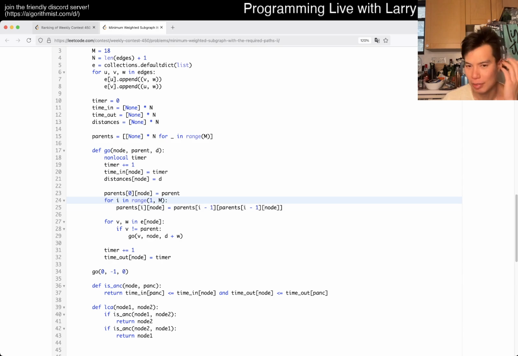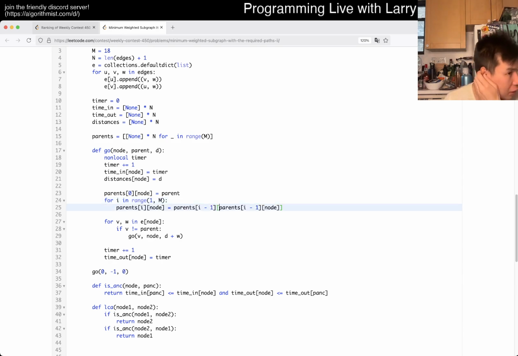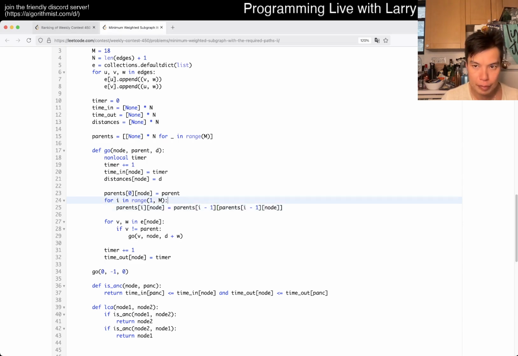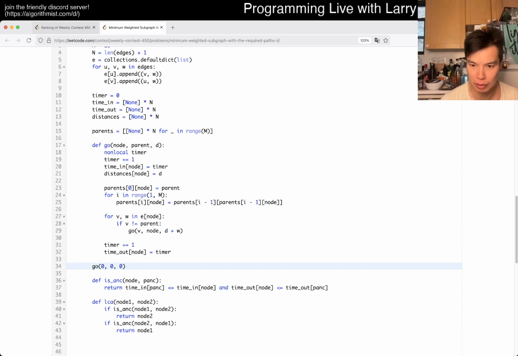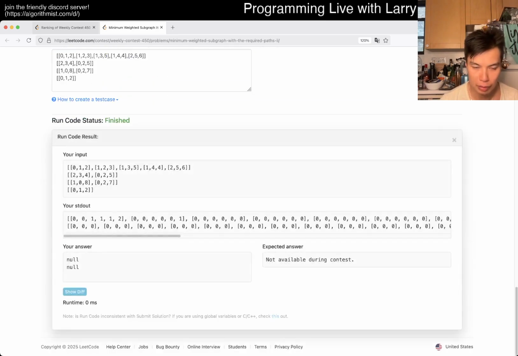Oh, okay, one of them is -1. I see. How do I want to write that? I mean, I just want to set it to the root, right? So, yeah, I don't know if this comes back to bite me if I just choose 0. But I guess for now it's fine.